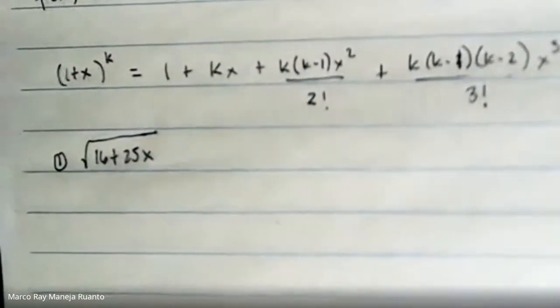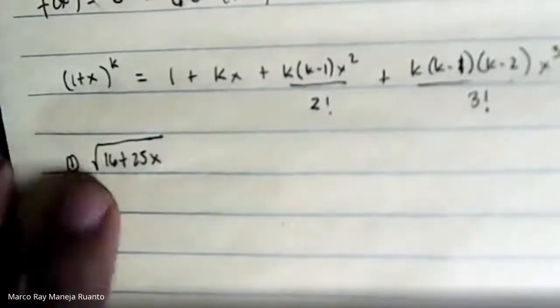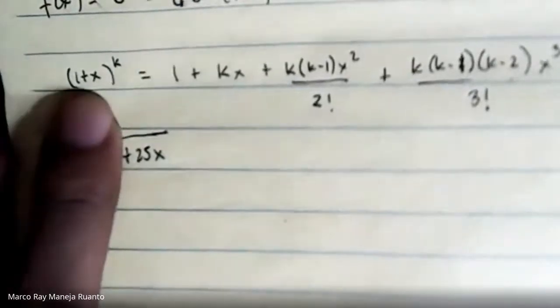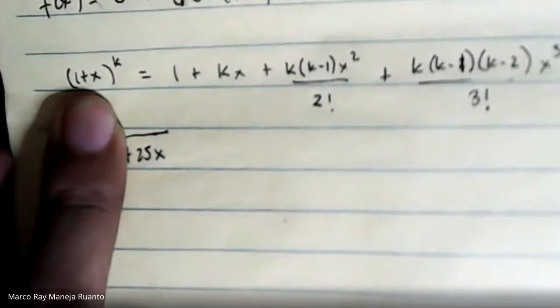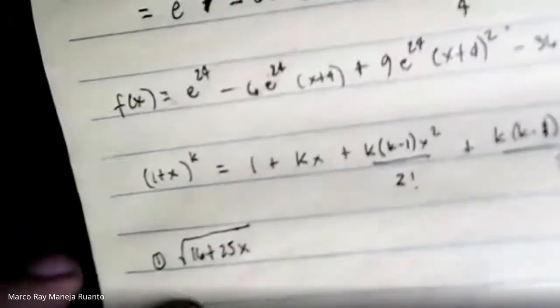Okay. Now, the first step, for example with this given function, is to transform this into 1 plus x to the power of k. So how are we going to do that? Let's say f of x is equal to the square root of 16 plus 25x.